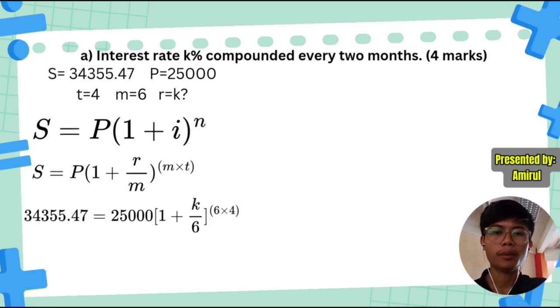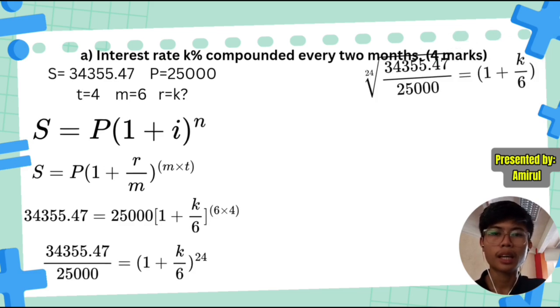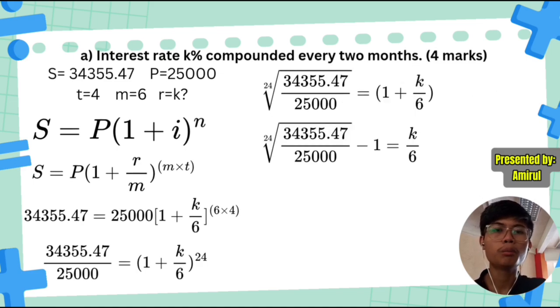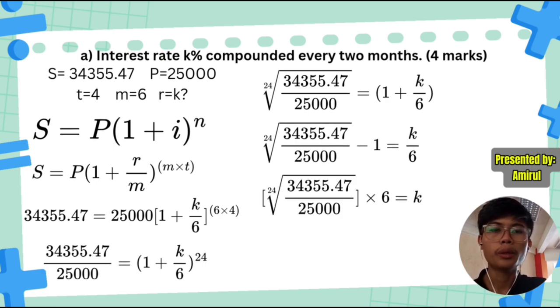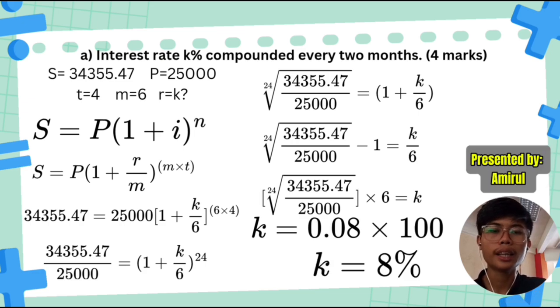So we just pick up the numbers, and we must move the 25,000 to the left, and we move the power of 24 to the left, and we get the 24th root, and we move 1, this is positive, we move to the left, we will get negative 1, and we bracket and multiply by 6, and we get K equals 0.08 times 100, and we get K is 8 percent.